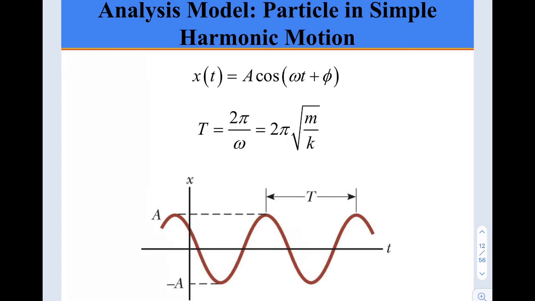So we know that x as a function of t is equivalent to A cos(omega t plus phi). And recall that T is equivalent to 2 pi over omega. Omega for the mass spring system is the square root of k over m. So if you take 1 over omega, that is why it's inverted.